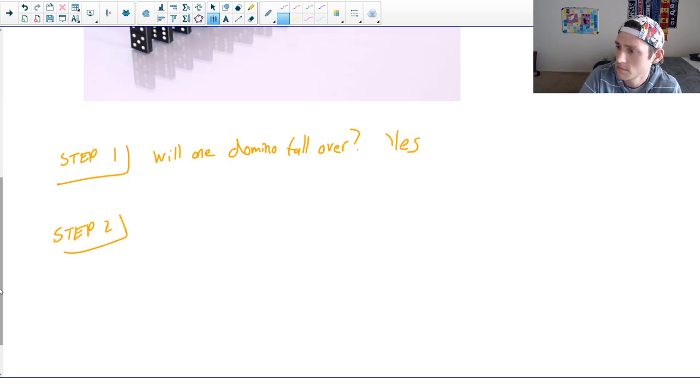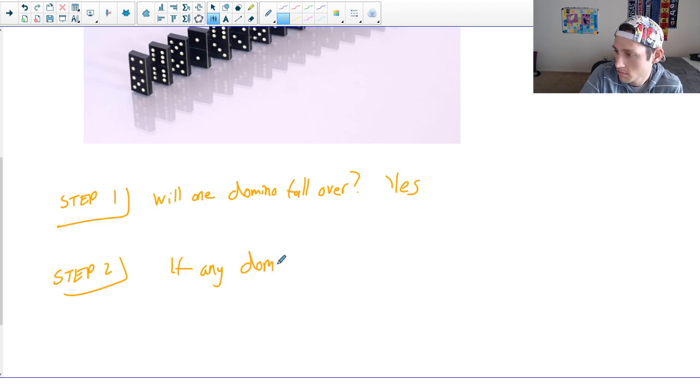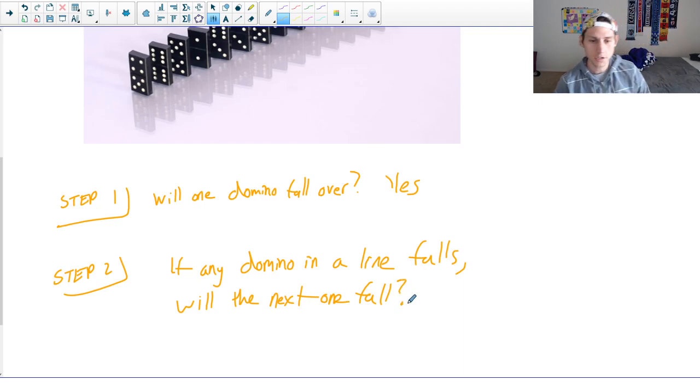My step two then is thinking, well, if any domino in a line falls, will the next one fall? Now this is just talking about any domino.